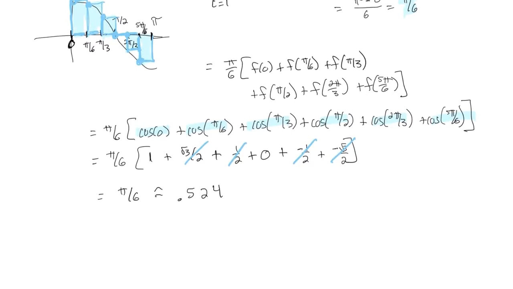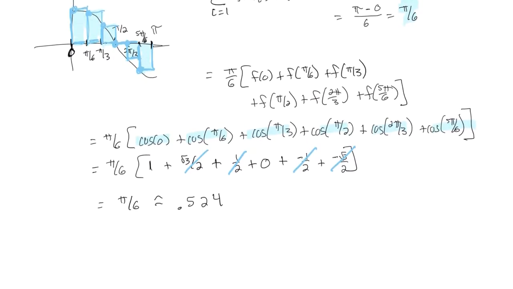If this was cosine of pi over 5, you would be taking out your calculator and finding the decimal value for cosine of pi over 5, cosine of pi over 7, or whatever the case may be. And obviously when you're using your calculator to crunch those numbers, you want to make sure you're in radian mode so that you're getting the proper decimal value.